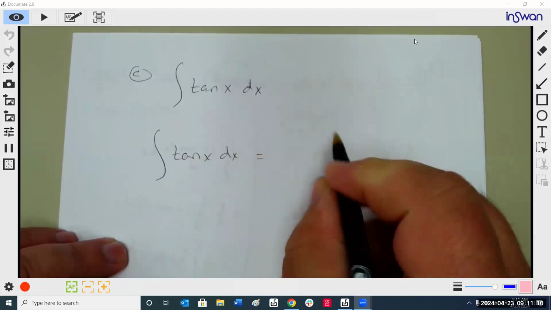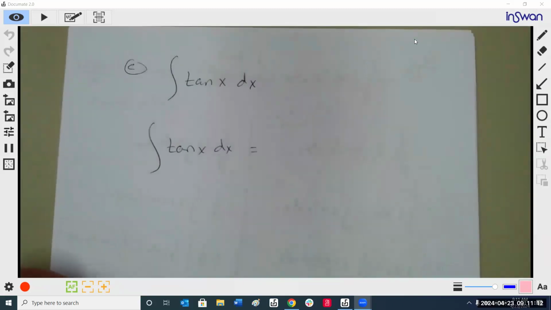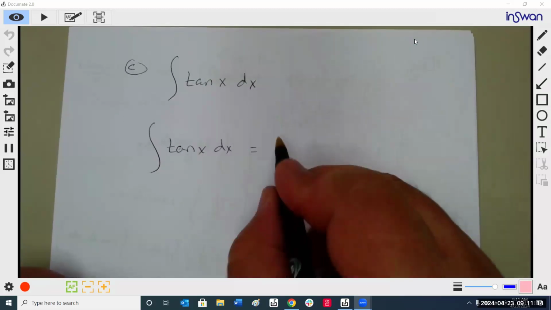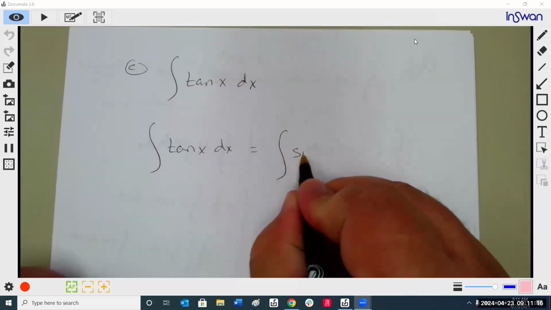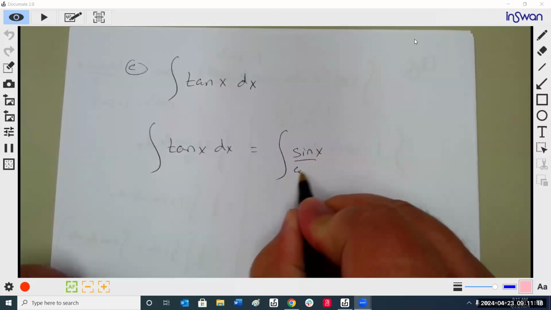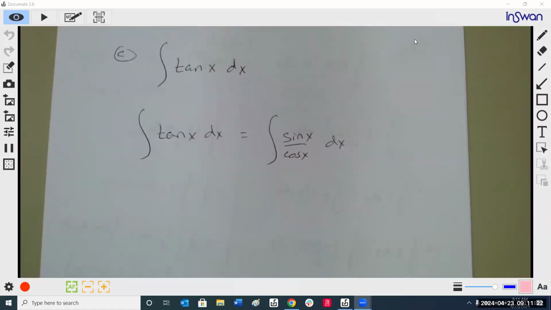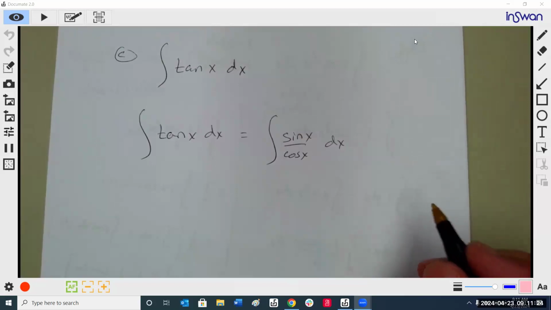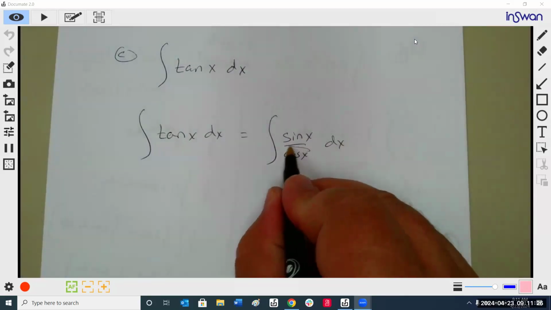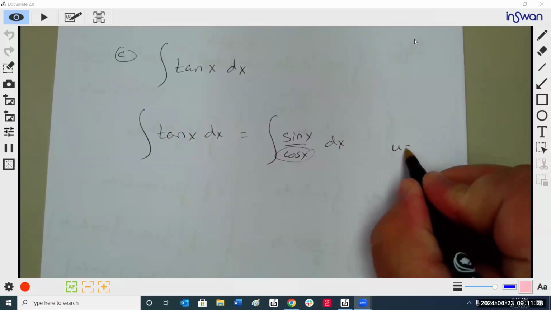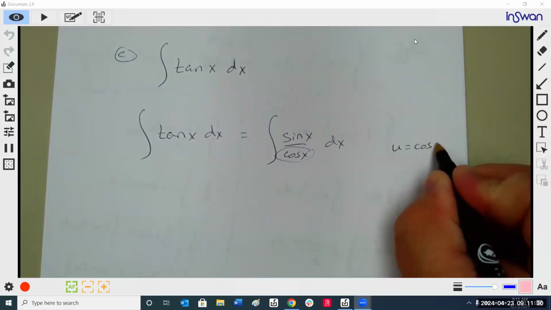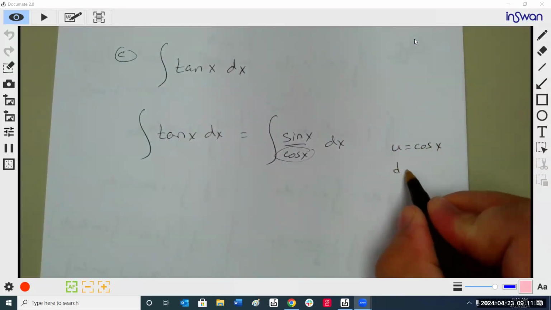Tangent is what in trig form? Sine over cosine. So let's call the cosine u. What's the derivative of cosine?